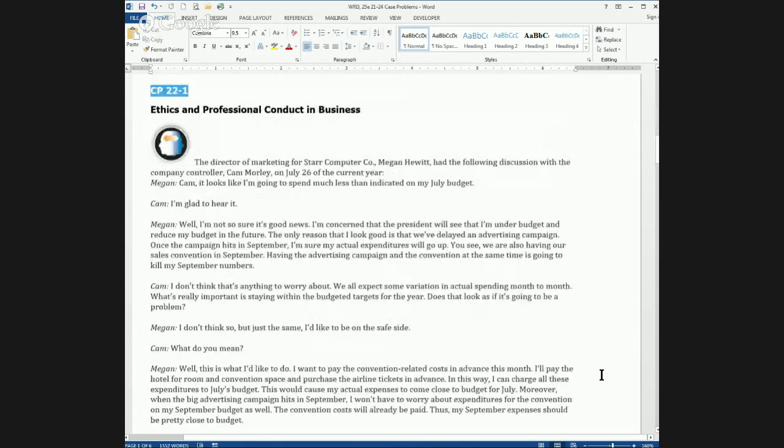Let's move on to the next chapter, which is chapter 22. Chapter 22 is dealing with budgeting, the beginning of the year planning process that aligns the resources the company has with its strategic goals so that it can get the people, the personnel, and the finances to carry out that strategic mission.